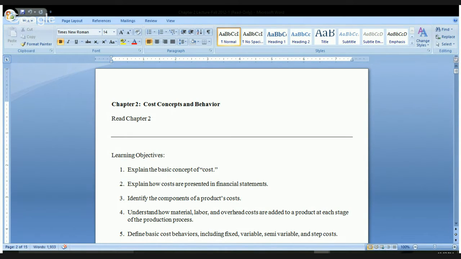Now, some useful concepts. The cost objects. What are cost objects? They may be virtually anything. If you look in your book on the top of page 30, you'll see some cost objects in regards to a BMW. The product is the BMW X6 sports utility vehicle, so it's the actual product that the company is making.